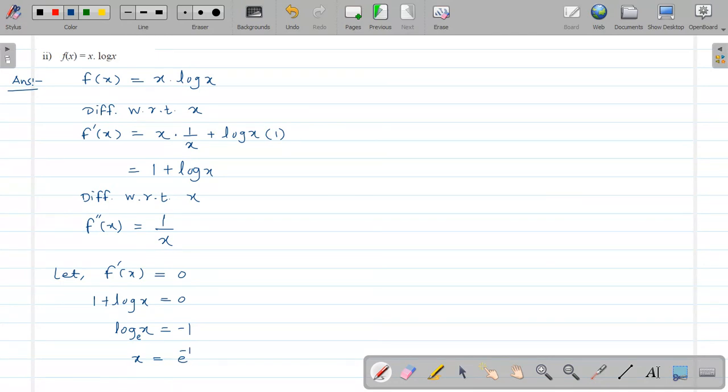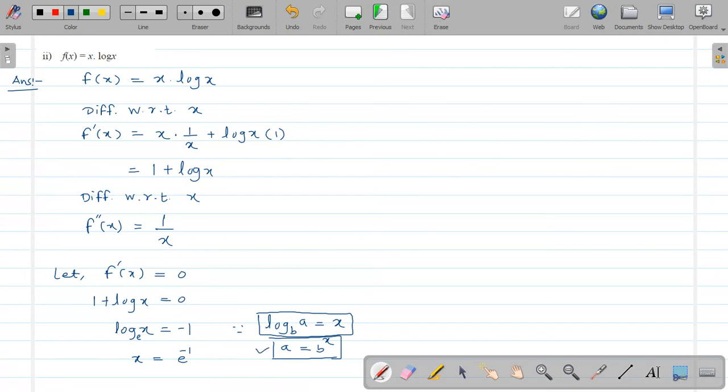Since we know that log a to the base b is equal to x, then you will get a is equal to b raised to x. See the relation between the exponential and logarithmic form. This is the logarithmic form. And how will you get the exponential form?